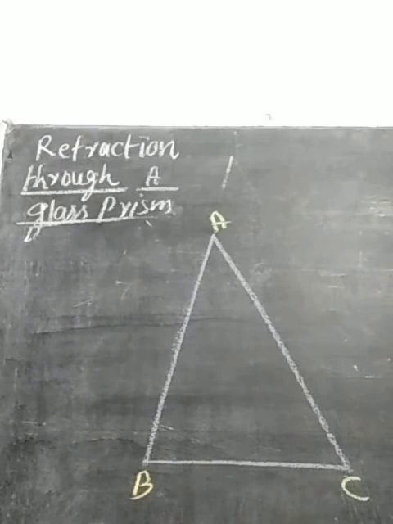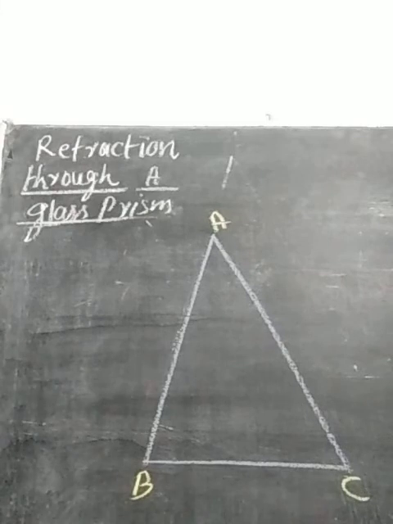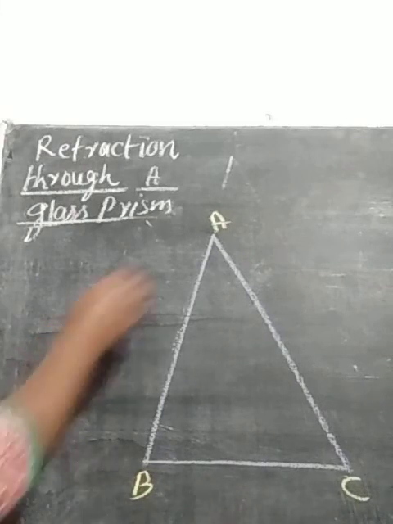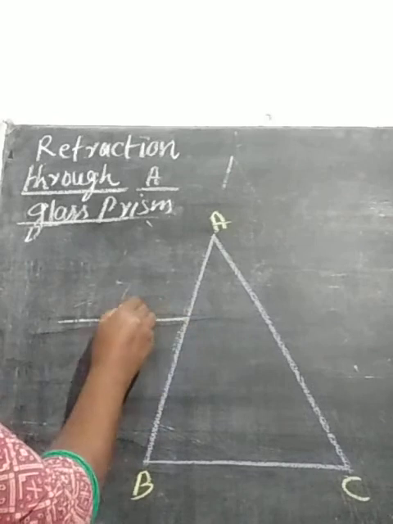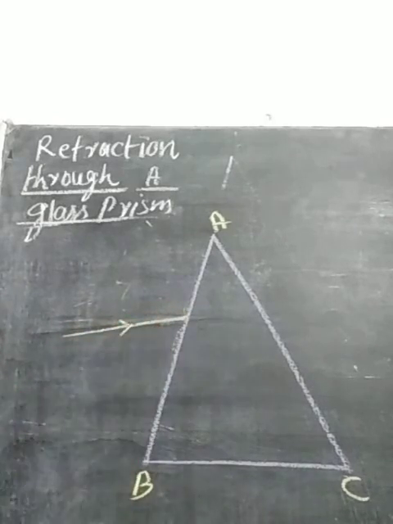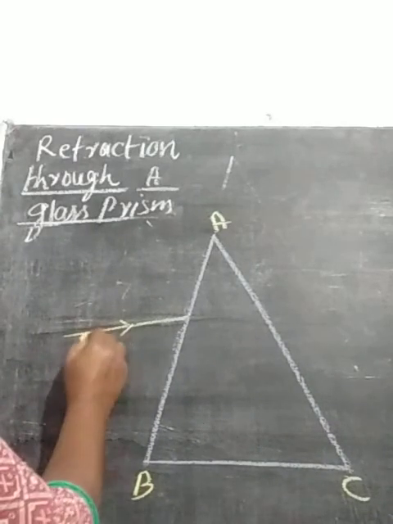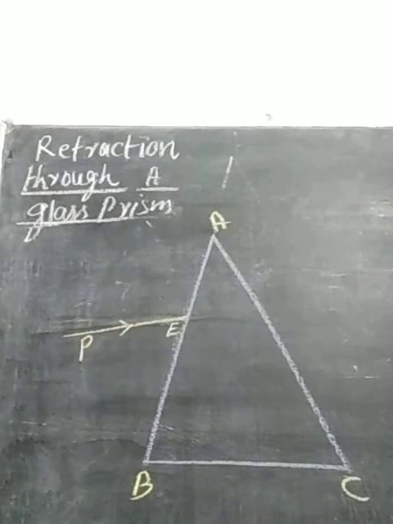Here I am going to draw an incident ray that falls on the face AB of the prism. So this is an incident ray that strikes the side AB of the glass prism at a point E. So PE is an incident ray that strikes the prism at point E.